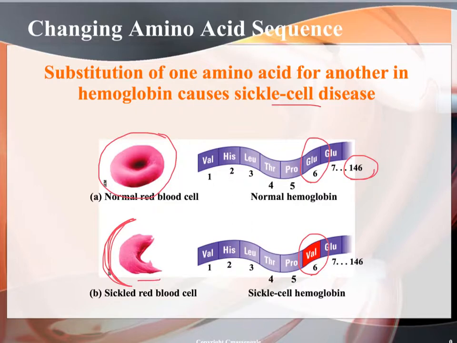In the sickle shape, it loses its ability to carry oxygen as well. The pointed ends get stuck in blood vessels and cause blood clots, which then can lead to pain. It can be a very debilitating disease. It's a genetic disease because the directions for hemoglobin are incorrect. So it's just one tiny little amino acid out of 146, but it has an impact all the way down through those different levels of structure and ultimately the function of the protein.